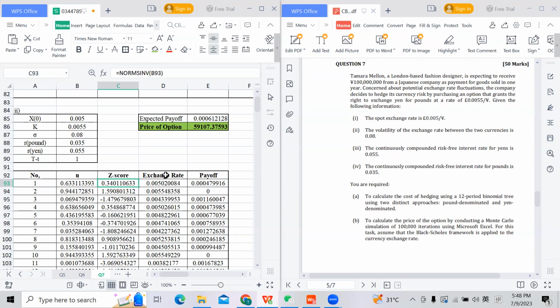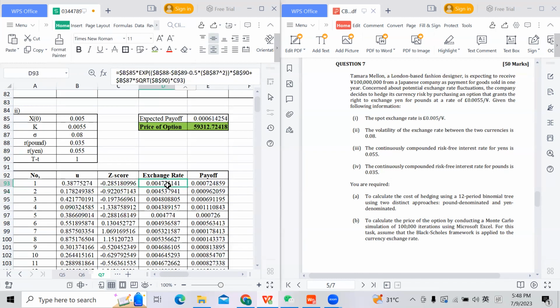After that, we'll find the z-score. So to find the z-score, we are using the formula of the standard normal distribution inverse value. Yeah, so inverse value. And then after that, for the exchange rate, the X is the same as in the Black-Scholes model.